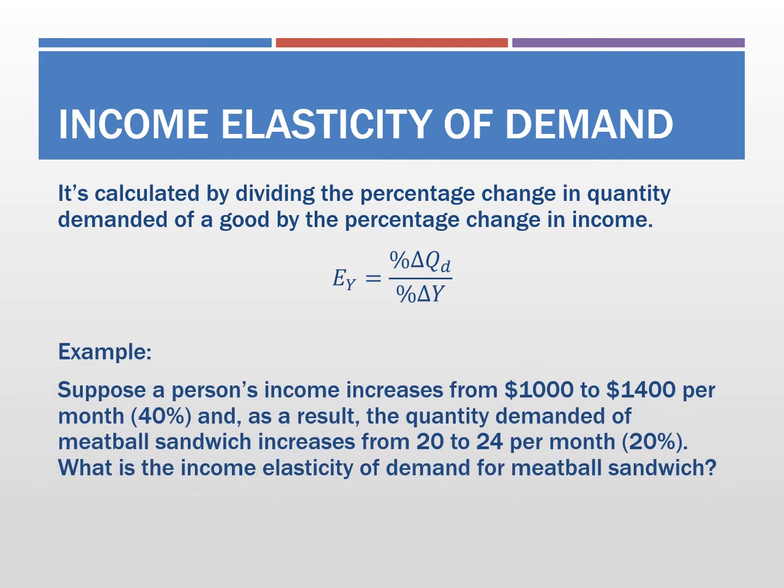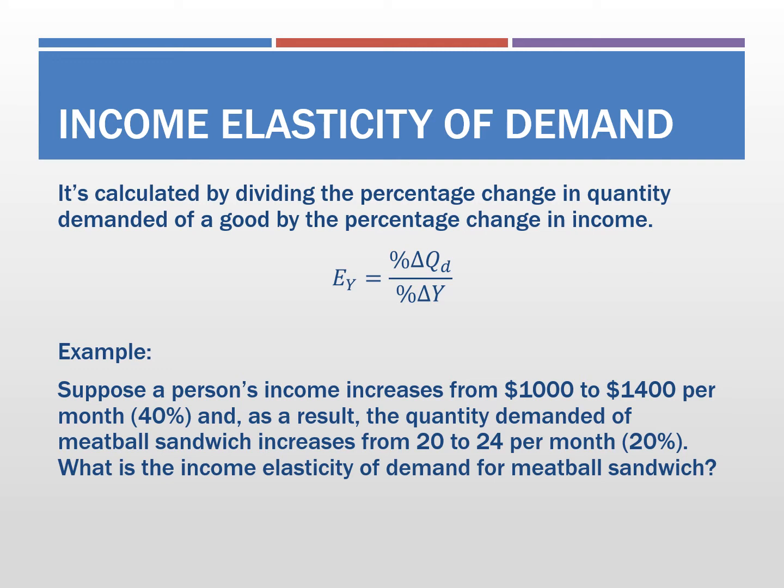For example, if we have a person whose income increases from $1,000 to $1,400 per month, as a result, ceteris paribus, holding everything constant, the quantity demanded for meatball sandwiches increased from 20 units to 24 units per month, which is a 20% increase.